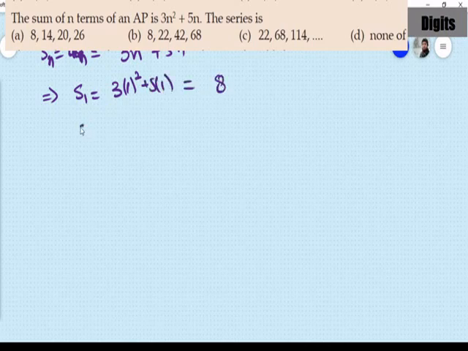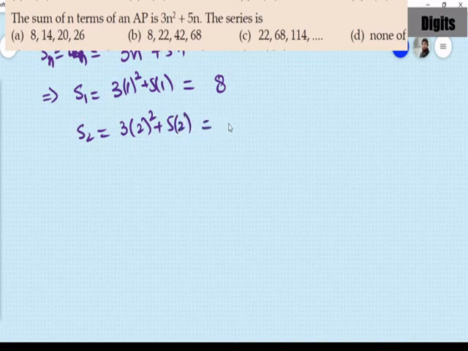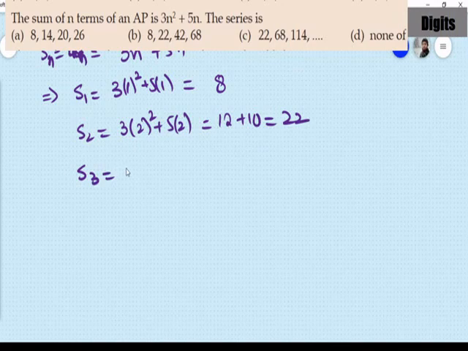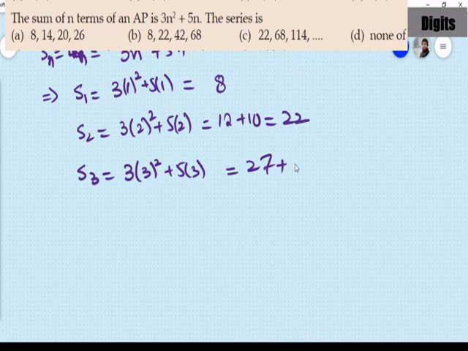Now S2 is equal to 3 into 2 square plus 5 into 2, that is 12 plus 10, that is 22. Further S3 will be equal to 3 into 3 square plus 5 into 3, which is 27 plus 15, equal to 42.